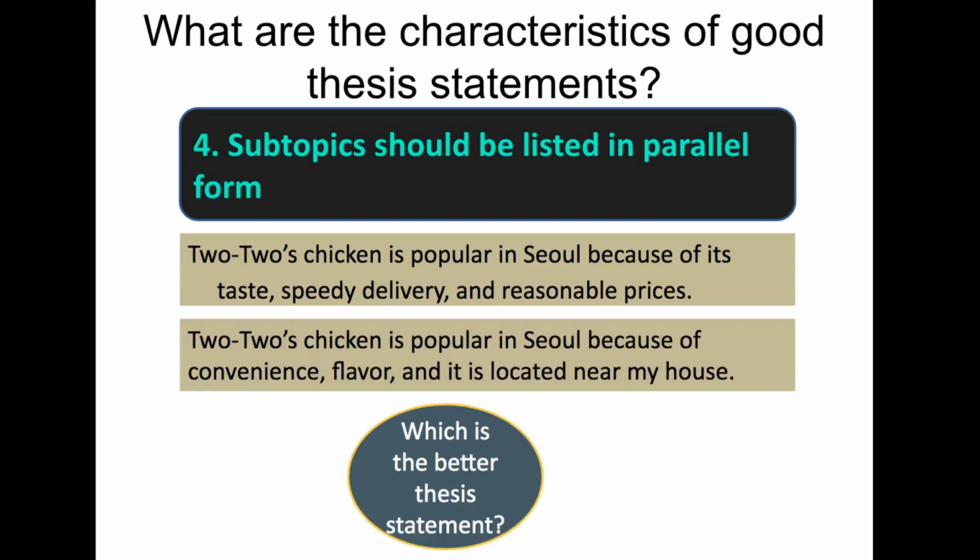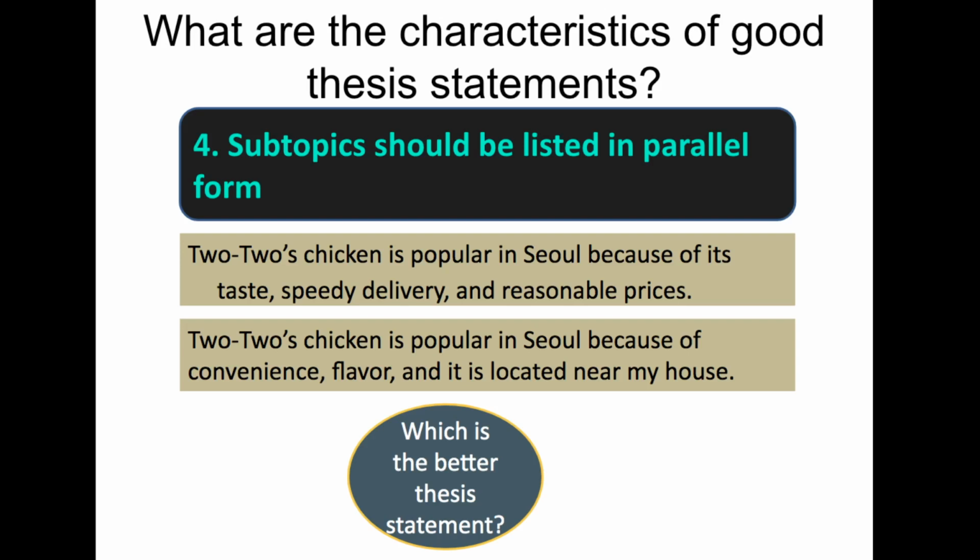So again, if we compare these two thesis statements, so Dul Dul Chickens is popular in Seoul because of its taste, speedy delivery, and reasonable prices, compared to Dul Dul Chickens, popular in Seoul because of convenience, flavor, and it is located near my house.